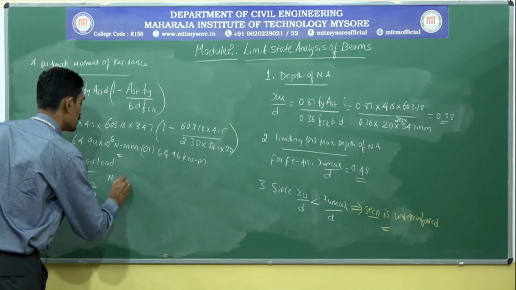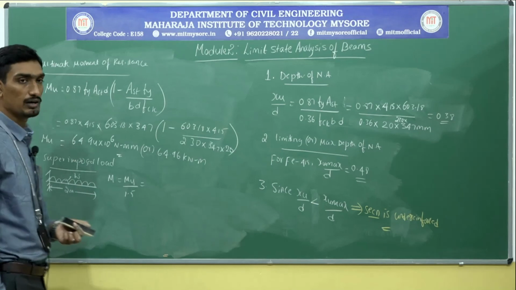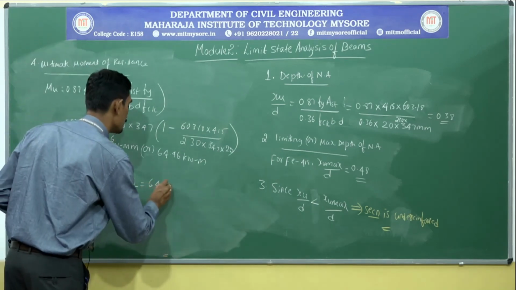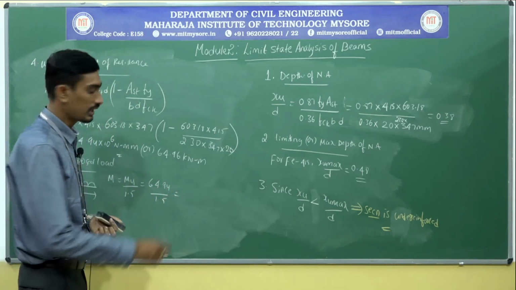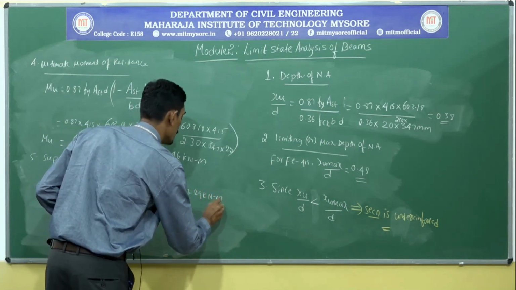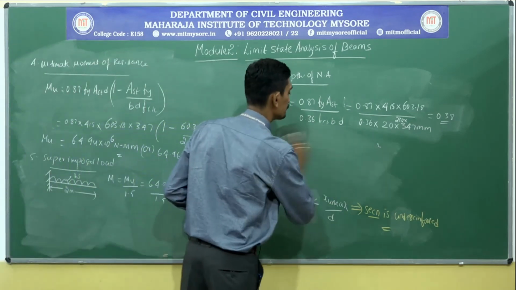First convert this into unfactored moment. So 64.94 divided by 1.5 works out to be 43.29 kilonewton meter.